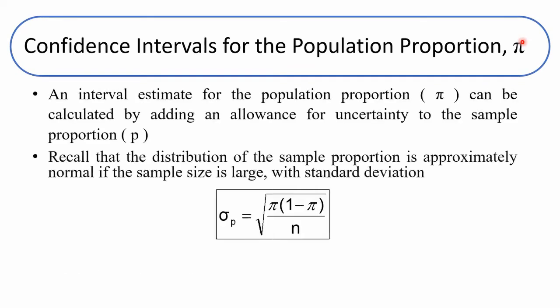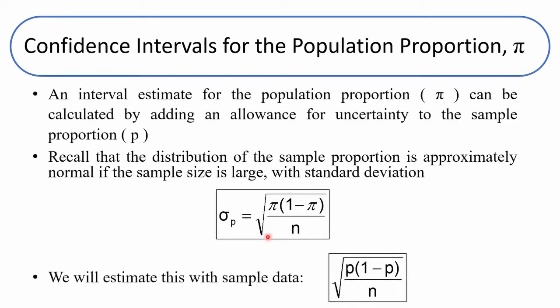So in this case, if you recall, the distribution of the sample proportion is approximately normal if the sample size is large, with the standard deviation given by this equation, and we are going to estimate this by this equation. So pi is your population proportion, simple p is your sample proportion. We are going to estimate this equation with your sample data given by this.